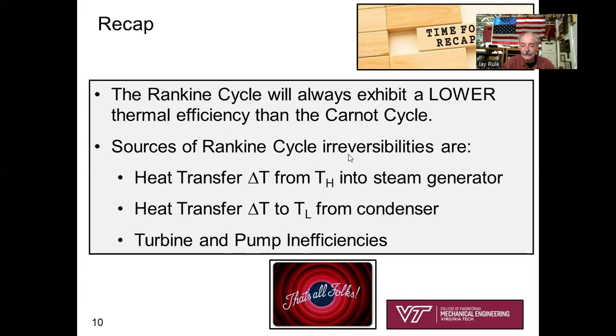Sources of Rankine cycle irreversibilities are the heat transfer across a finite delta T from TH into the steam generator, and heat transfer across a finite delta T in the condenser as well. And then finally, turbine and pump inefficiencies contribute to further reducing the thermal efficiency of the Rankine cycle steam power plant. I hope that helps.